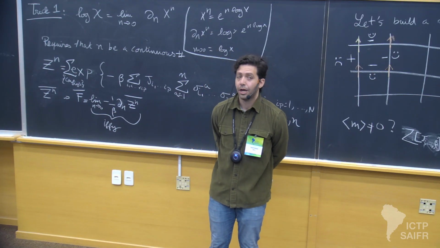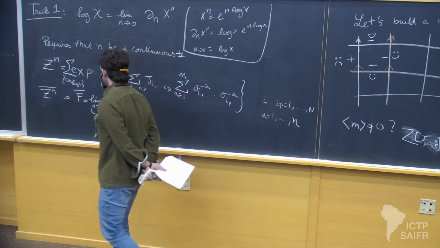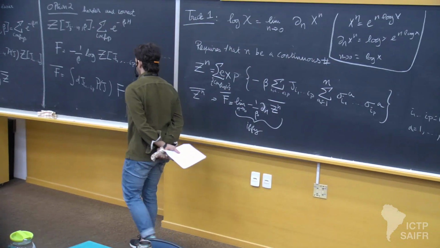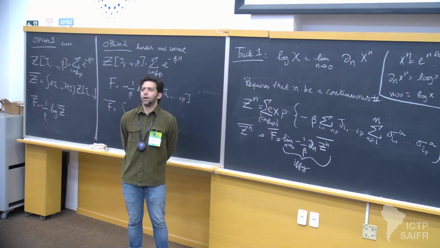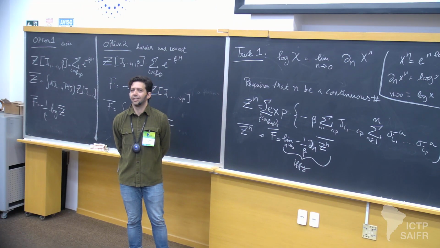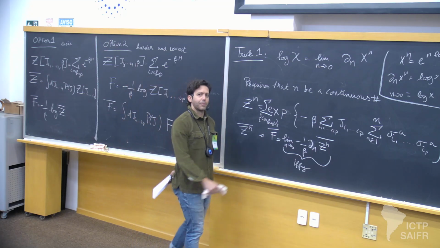Any other questions? By the way, since you guys are all holographers, how many of you have seen the island formula in your studies of high energy physics? Some of you? Yeah, the island formula arises by some trickery like this.